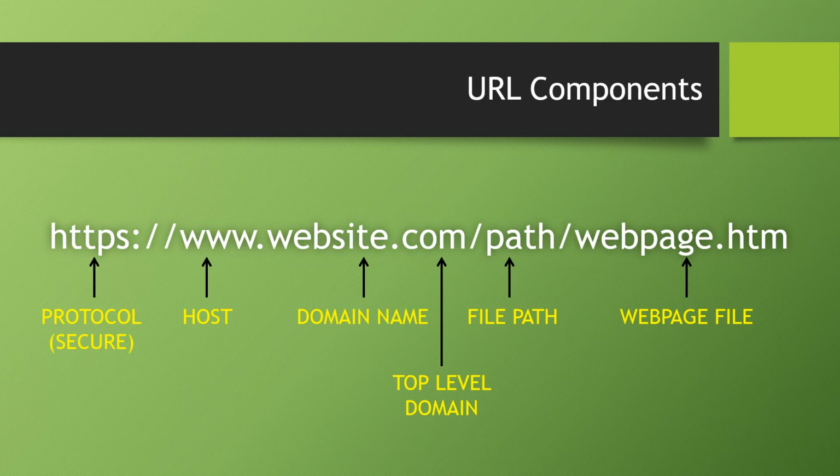Now, for the most part, you will always see HTTPS these days. It didn't used to be that way, but now just about everything is on a secure protocol. After the two slashes, then the host, www or World Wide Web, and then the domain name itself, website.com.